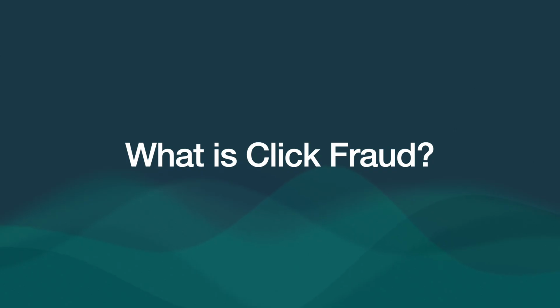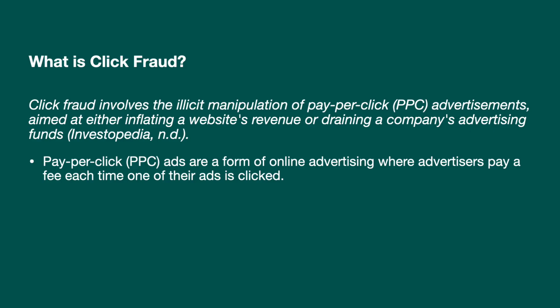What is click fraud? So what is click fraud? Click fraud involves the illicit manipulation of pay-per-click advertisements aimed at either inflating a website's revenue or draining a company's advertising funds.